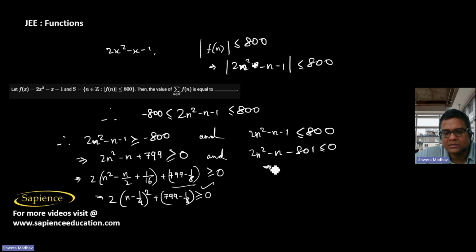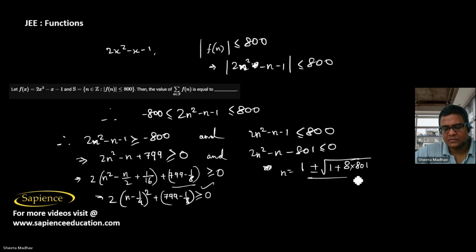But here n will be equal to minus b plus or minus square root of b square minus 4ac by 2a, that is 4. So 8 into 801 is 4ac. So n will be equal to 1 plus minus square root of 8 ones 8, 8 is 64, 6409 divided by 4.